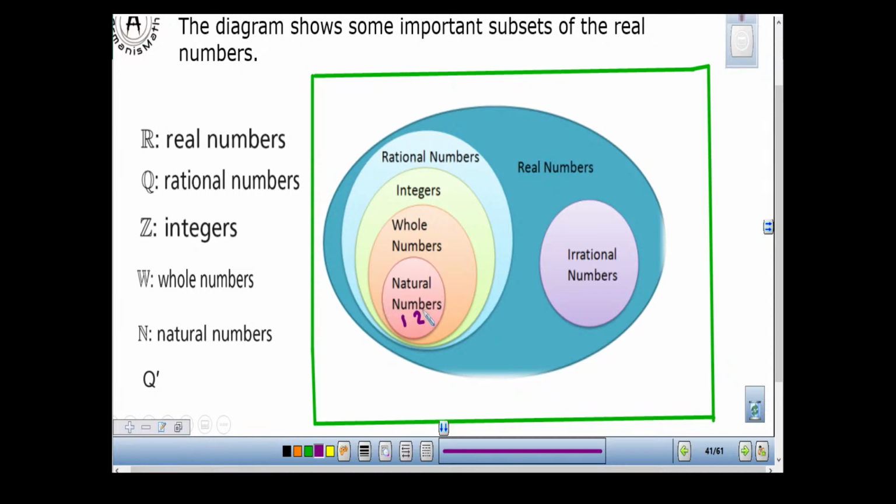Now, when you start talking about 0, that becomes another bigger category, which includes the natural numbers and also has 0: 0, 1, 2. It's called the whole numbers. The first one we're accustomed to is natural, because that's what comes naturally to us, 1, 2, 3. And the bigger one, including 0, becomes the whole numbers.